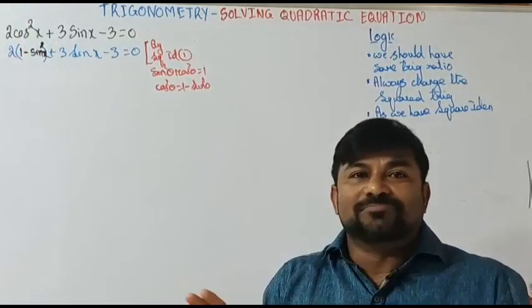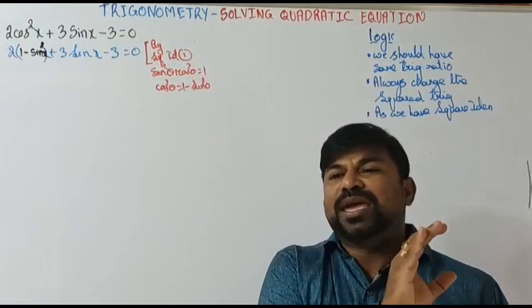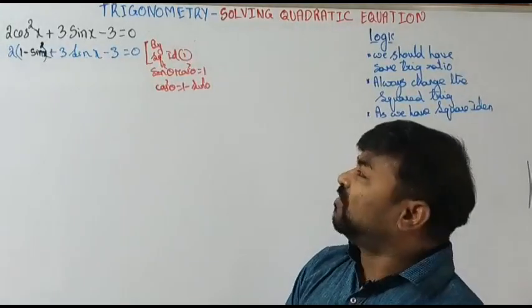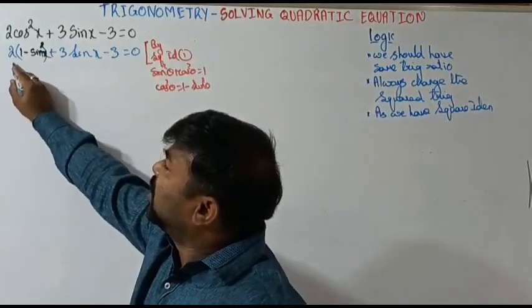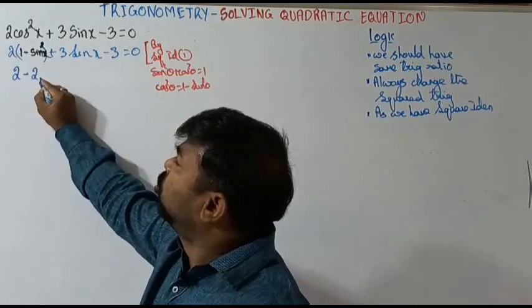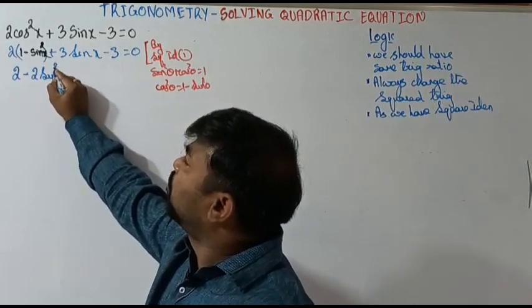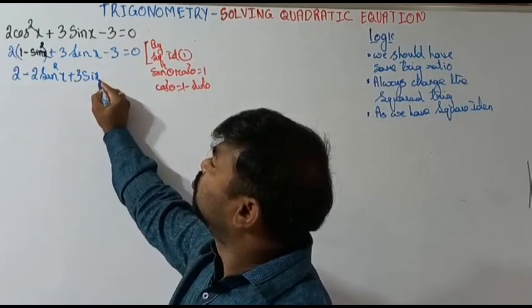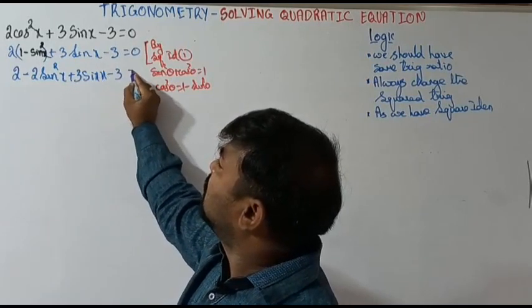Of course, let's simplify and make everything in terms of sine. 2 multiplied with 1 is 2, minus 2 sine square x, plus 3 sine x, minus 3 is equal to 0.